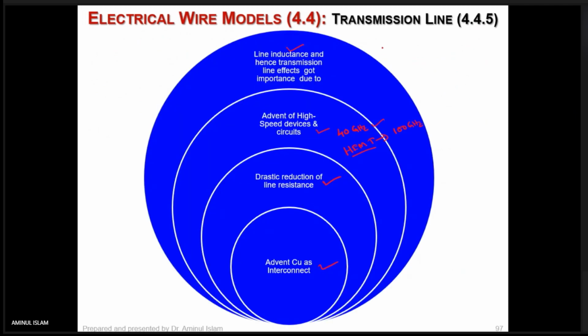Transmission line will start from here in the next class. Next class is tomorrow. Tomorrow is 21st. Remember we'll have the quiz on this. Tomorrow, do you have any quiz? Himanshu, do you have a quiz tomorrow, sir?